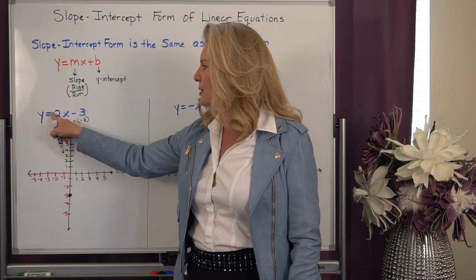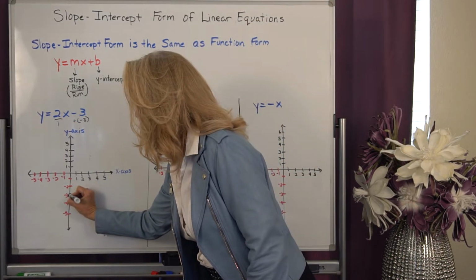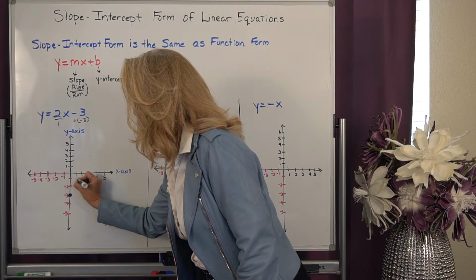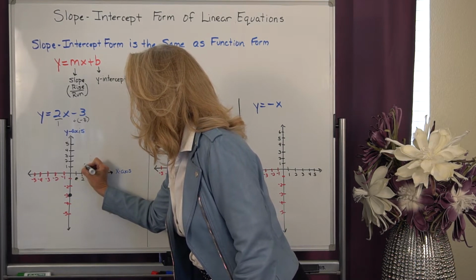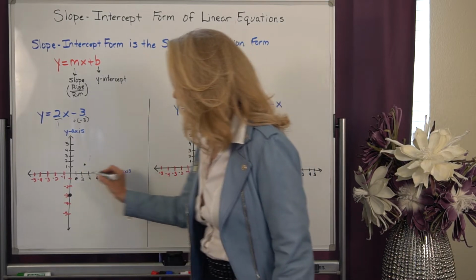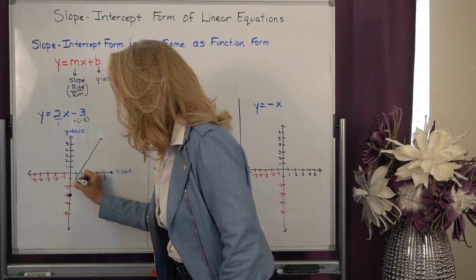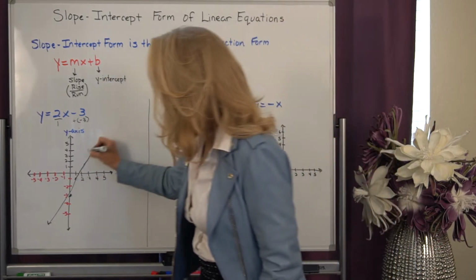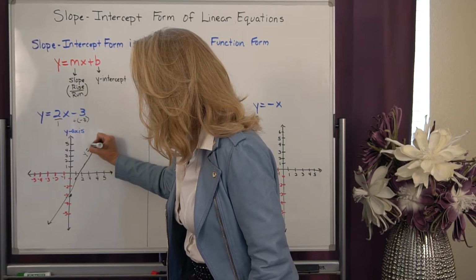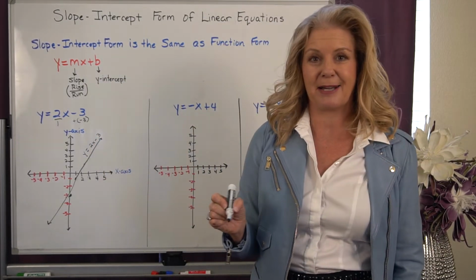Then I'll go up 2 over 1 and place the next point. Now I've got my 3 points that I can just connect, and that forms the line. And we say that line is represented by the equation y equals 2x minus 3.